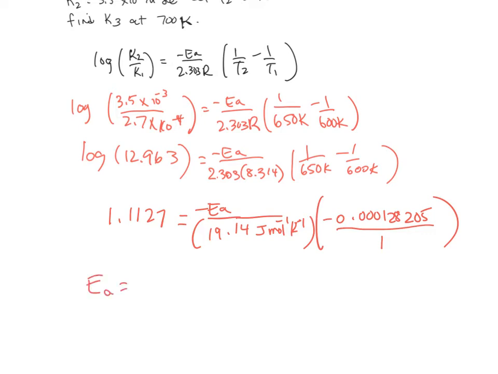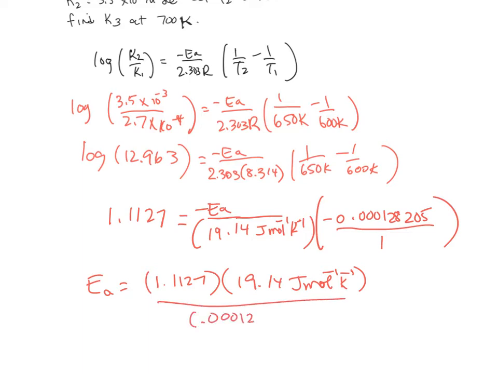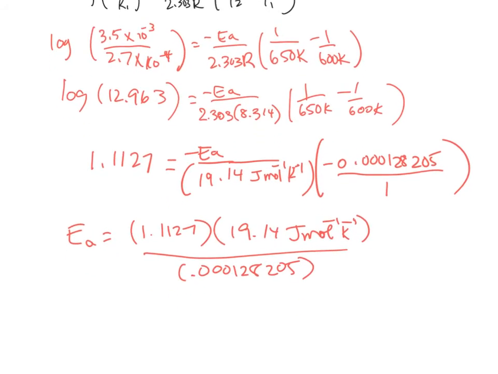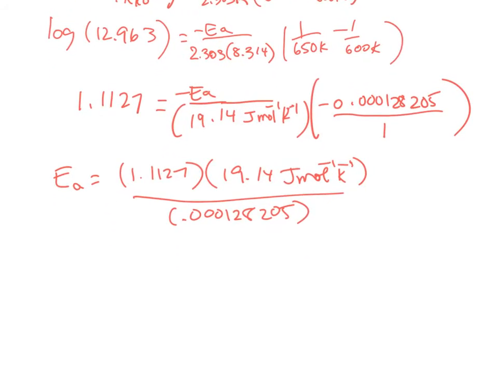You're going to have EA equal to 1.1127 times 19.14 joules per mole per Kelvin, and then you are dividing by 0.000128205. Okay, you're not multiplying, you're dividing. And I'm just going to check that again.